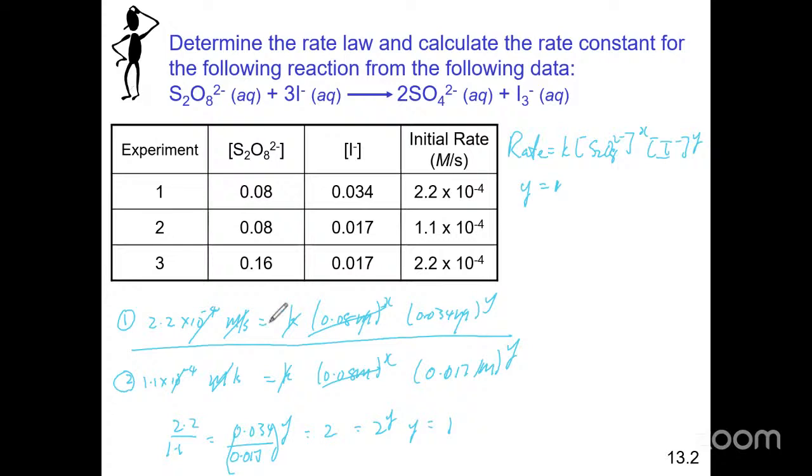Okay, let me know when you're finished with this so I can erase it. Yes, ma'am, 0.034.